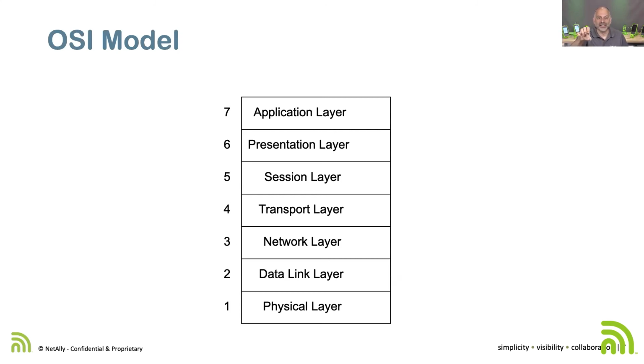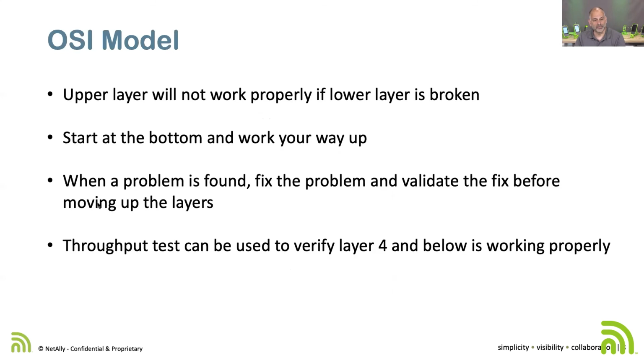Slide Wi-Fi in there. Now the network layer and transport layer, they don't care. They're still able to get their jobs done, and they don't even care about what those lower layers are. We do. And we need to understand how those lower layers work and what can go wrong with those lower layers. The upper layer will not work properly if the lower layer is broken.